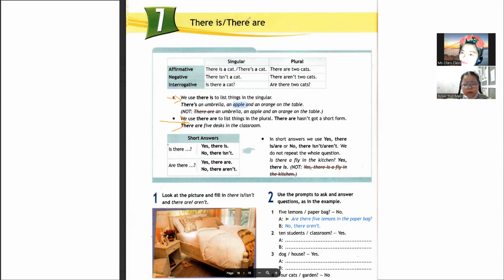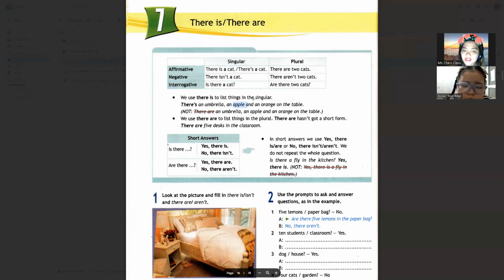We use there are to list things in the plural.